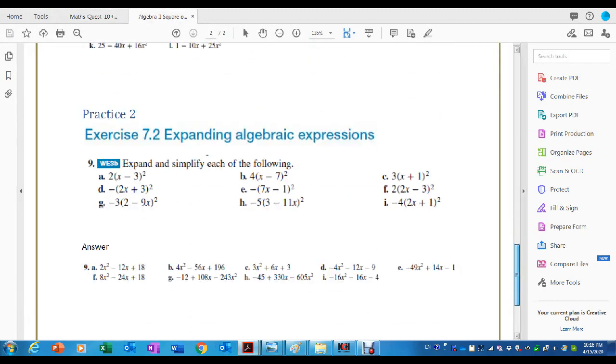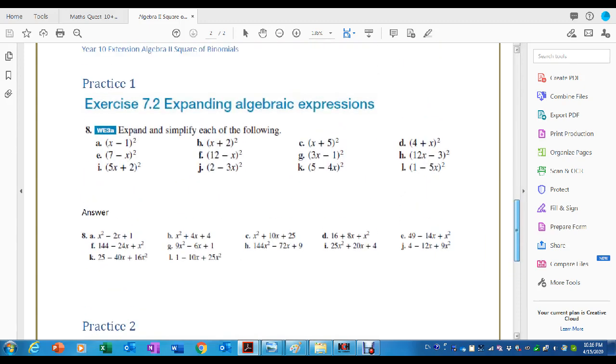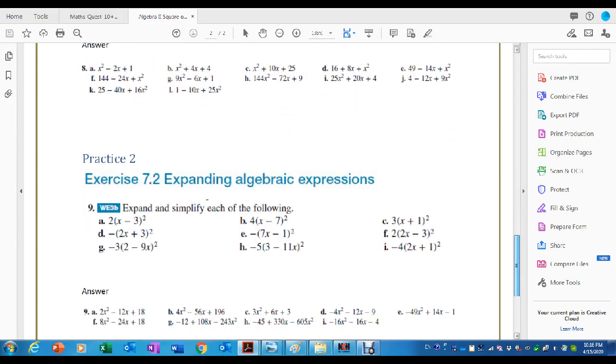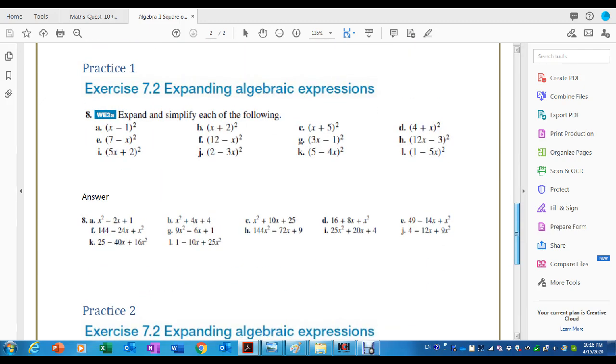If you have no problem with this example, then you should be able to do practice 2. That will be your homework for today. Your homework is question 8 and also question 9. Just try to do as much as you can. I will expect a minimum of half of them.